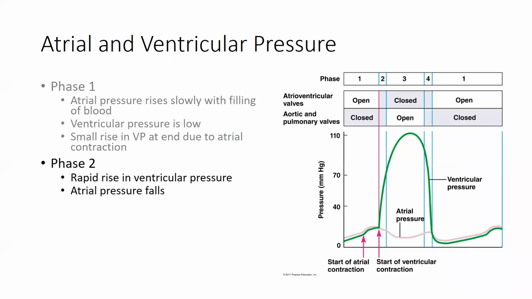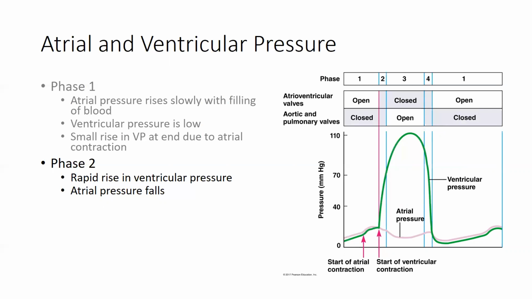Let's see phase 2. In phase 2, what valves are open? Think about it. Phase 2 is isovolumetric ventricular contraction. So what valves are open in that phase? None, right? Neither of the valves are open in phase 2.